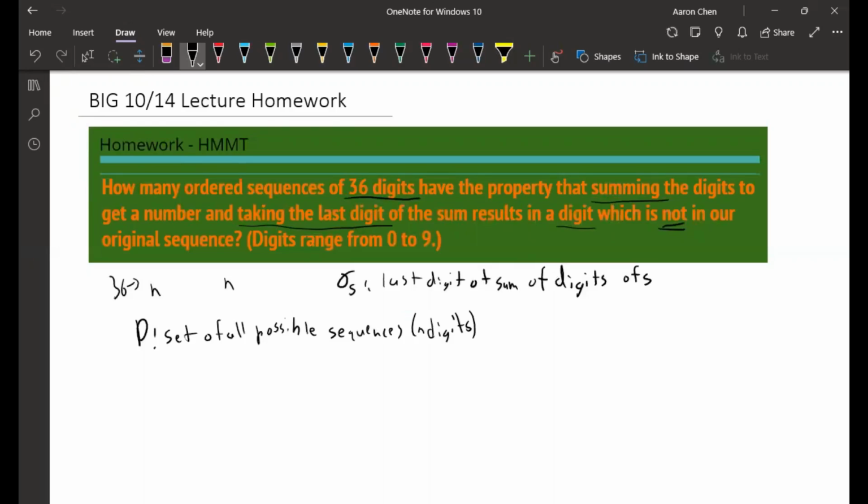And we can simply let Si be the set of the digit sequences such that Si is equal to sigma of S, the ith digit of S.